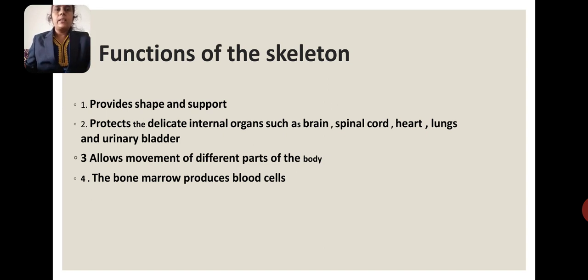Apart from this, the next function is that it protects delicate internal organs such as the brain, spinal cord, heart, lungs and urinary bladder. As we discussed in the last period, the skull protects the brain, and each different part protects very important organs of our body.